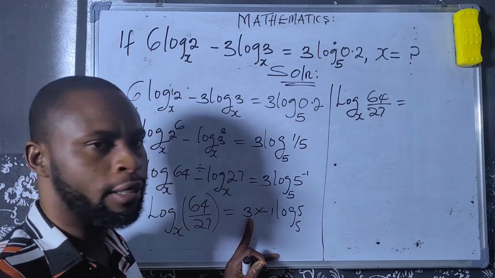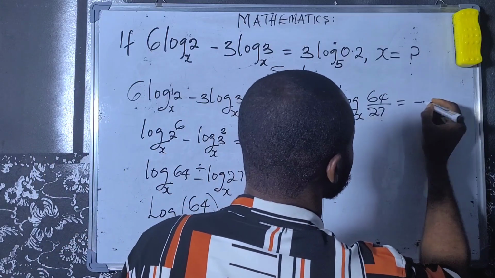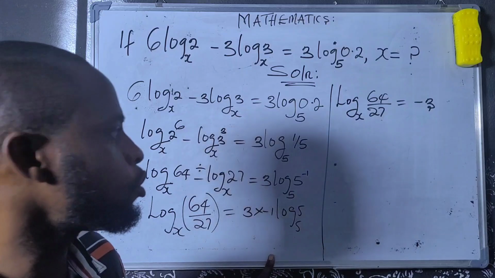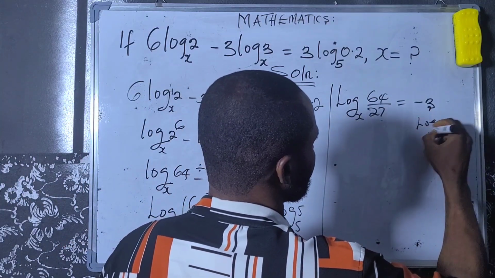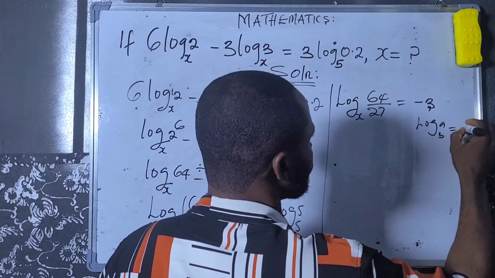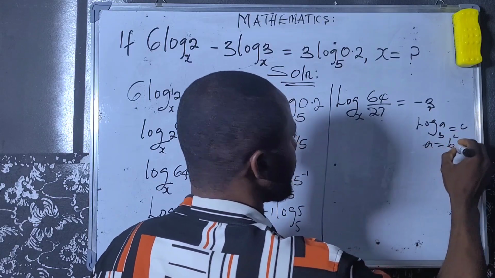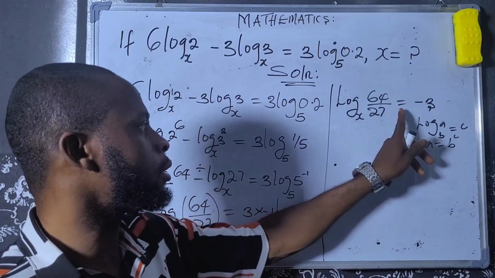Then 1 multiplied by 3 multiplied by negative 1 will still give us negative 3 here. Now also recall that whenever you have log a to the base of b equals c, then a equals b to the power of c. Then now we are going to apply this principle right here.